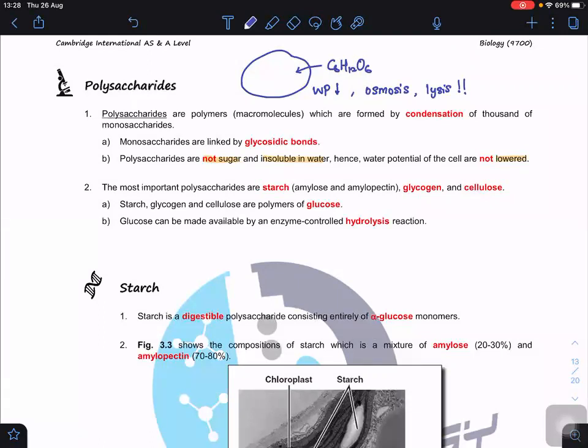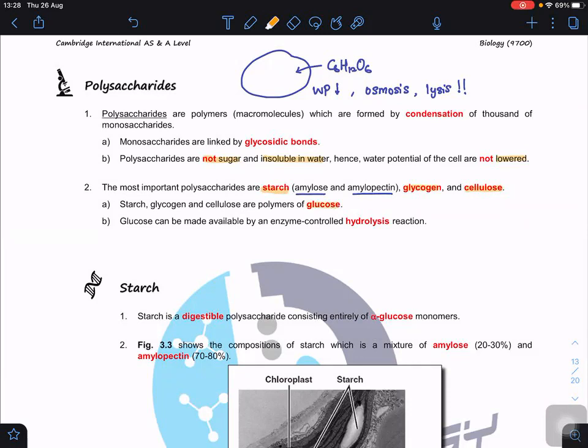So the most important polysaccharides that commonly occur in nature, we do have starch. Starch is not a pure compound. Actually, it consists of amylose and amylopectin. We're going to look at glycogen as well as cellulose. All of them are polymers of glucose.